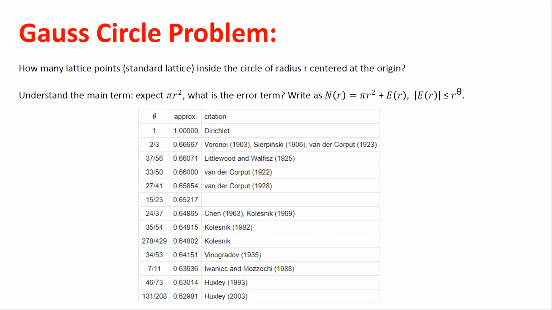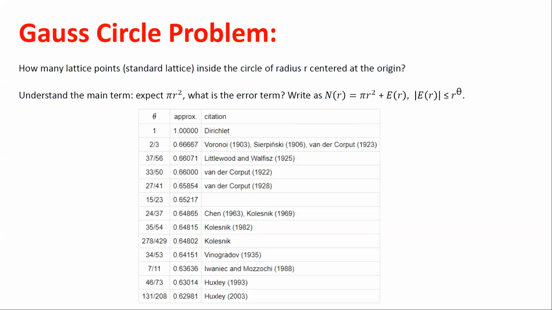So here's some history of the various values of theta. And you can't look at this table without smiling if you're an analytic number theorist. You'll see, we're going from 24/37, which is 0.64865, to 35/54, 0.64815.